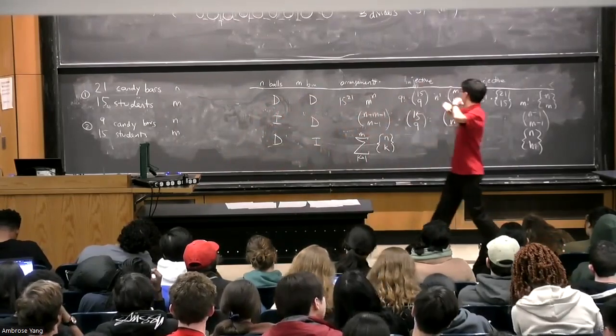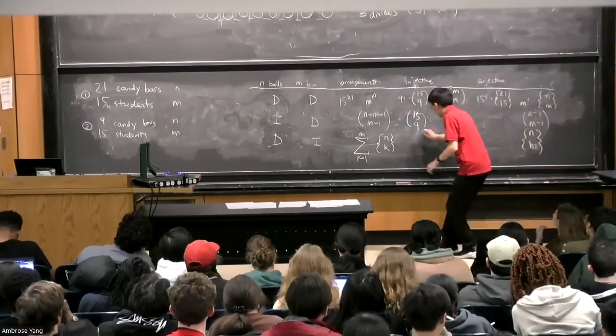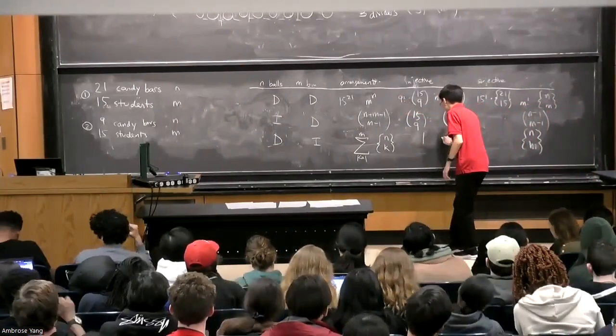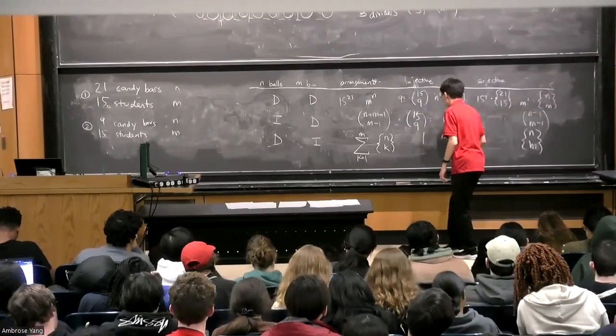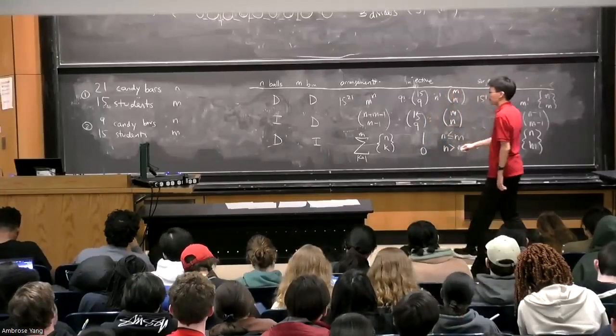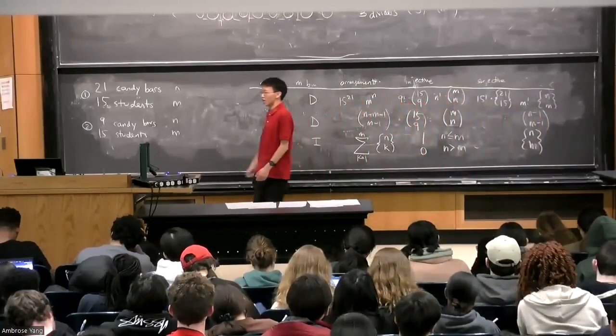And so here, the number of injective arrangements is either 1 if you have enough bins to fit everything, if n is less than or equal to m, or it's 0 if n is greater than m. What this is saying is, there's one way to do it if you have enough bins.